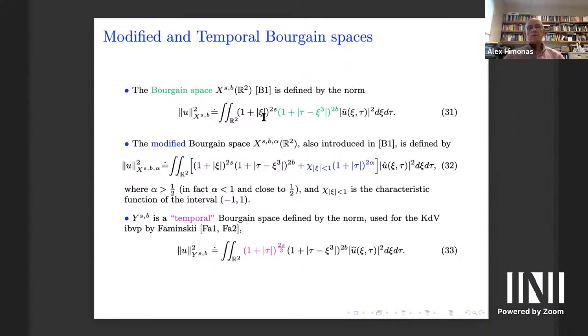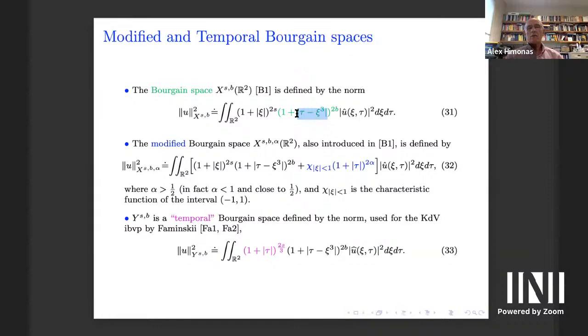You get the Sobolev space. You have a weighted space in the spatial variable, the Bourgain space, but here Bourgain did what people were doing in pseudo-differential operators and Fourier integral operators: he introduced the symbol inside the norm.